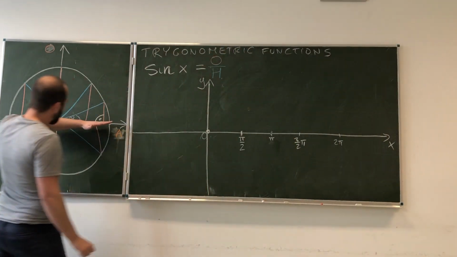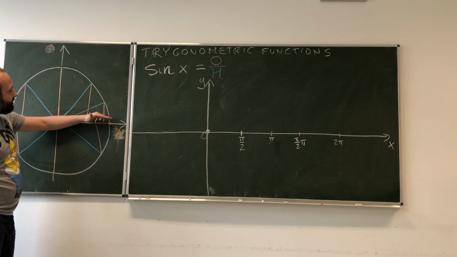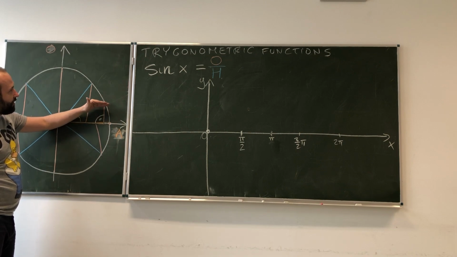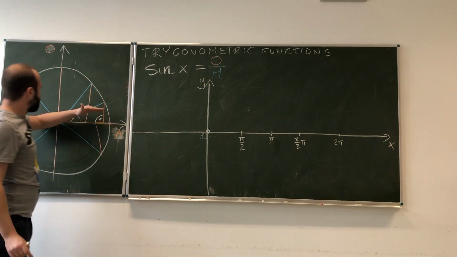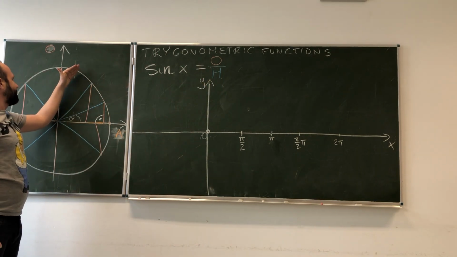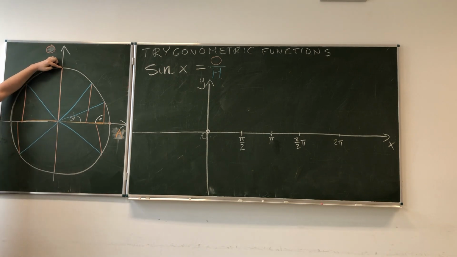Look, we see that as the hypotenuse moves over here, the value of the opposite is getting bigger and bigger and bigger. And over here, hypotenuse and opposite are of exactly the same size. So it means that it's equal to 1.